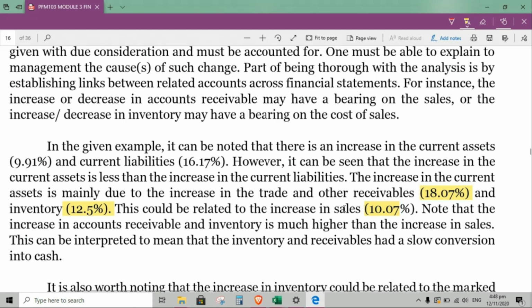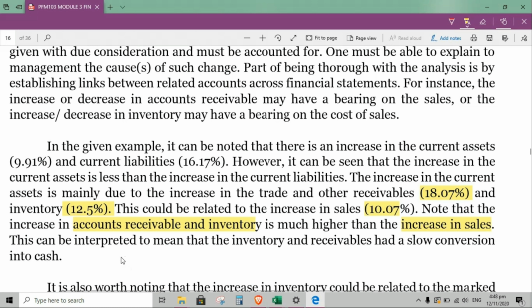Yan. So, yung mga yan, of course, related yan doon is 10.07%. So, the increase in accounts receivable and inventory is higher than the increase in sales. Makikita mo, kahit na related sila, ang implication natin doon is mas mataas pa rin yung accounts receivable and inventory compared sa sales. Kasi, 10.07 lang yung sales. Yung accounts receivable and inventory niya, 12.5% and 18.07%, which is very evident na mas mataas siya.